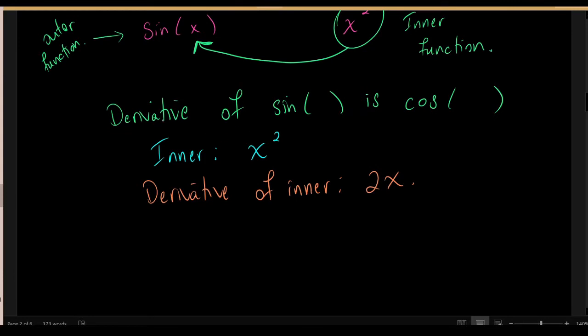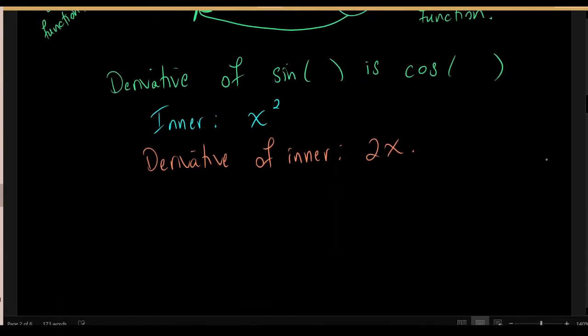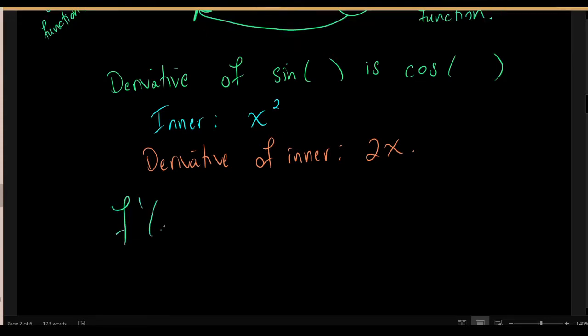Once you have these three components, the derivative of the outer function, the inner function, and the derivative of the inner function, you have everything that you need to put the derivative of f of x together. To put together the derivative of f of x, first, take the derivative of the outer function, cosine of blank, since we erased the x.